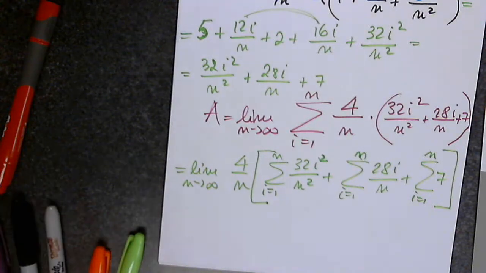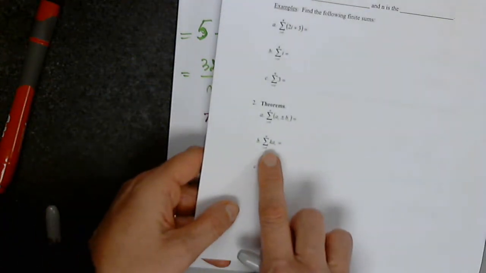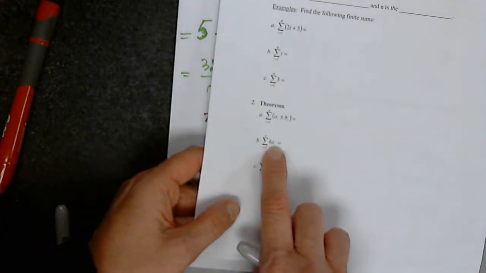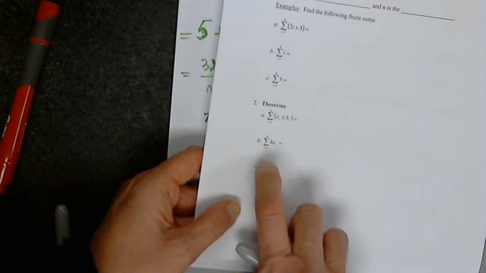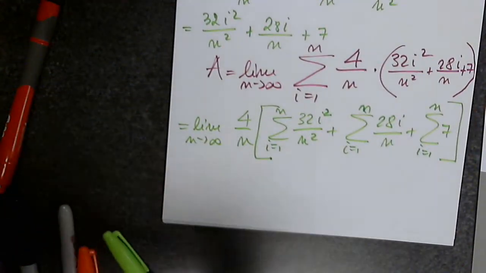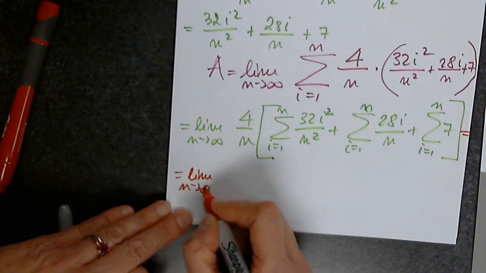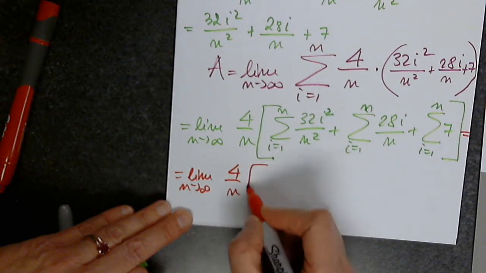My next step would be, I'm coming back to this. A constant multiplied by the generic term that depends on I goes in front as a factor. So then I will continue writing limit as n approaches infinity 4 over n.